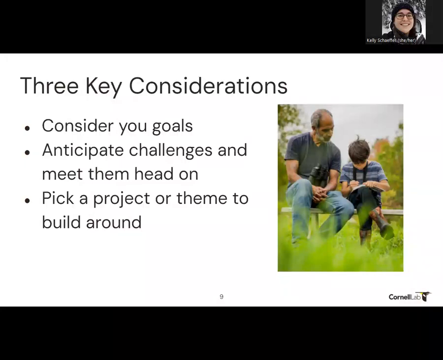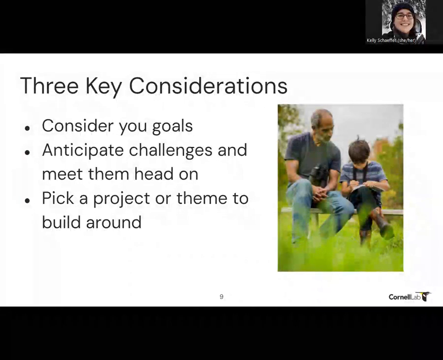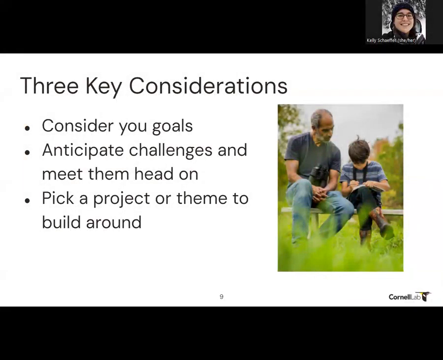And the third is pick a project or a theme to build around. So once you've got those goals and you've got the buy-in from leadership and the okay to go ahead and lead your bird club, one of the things you'll want to do is make sure that you have some project or theme that supports those goals and really will help you structure your club.